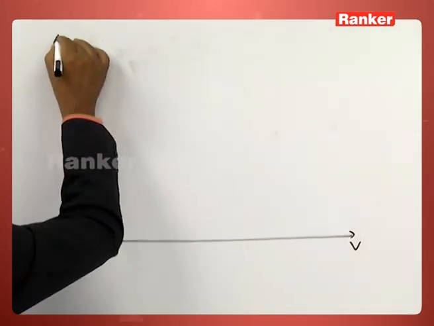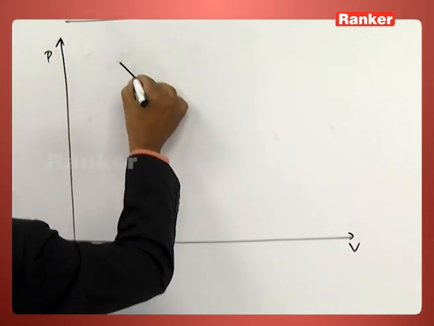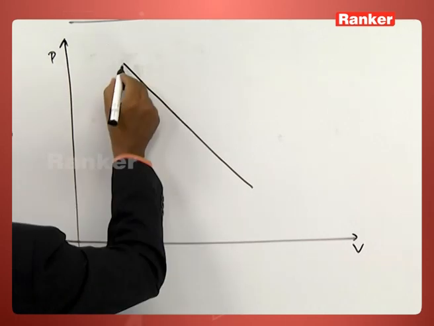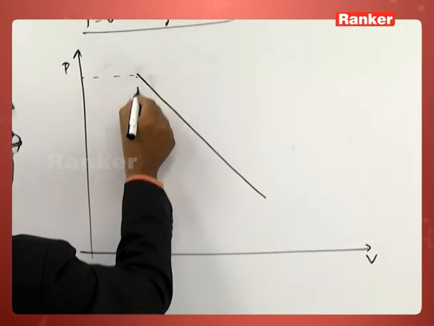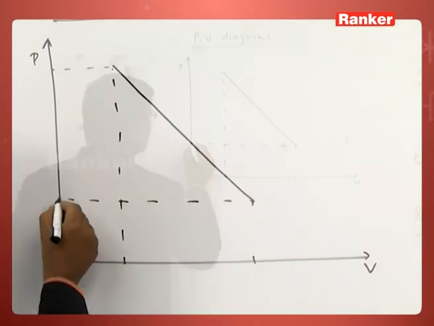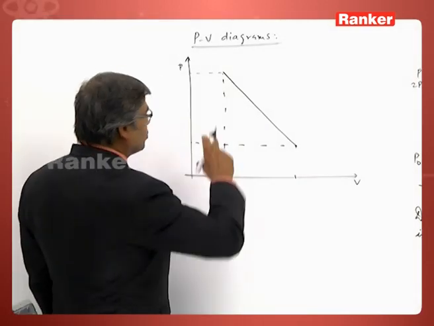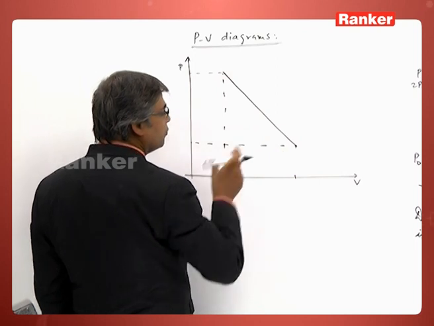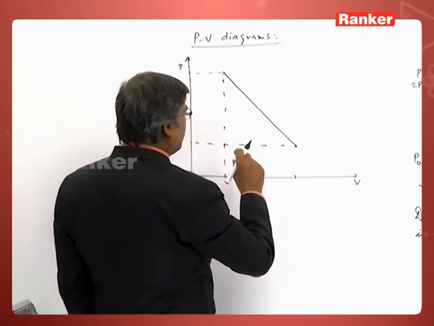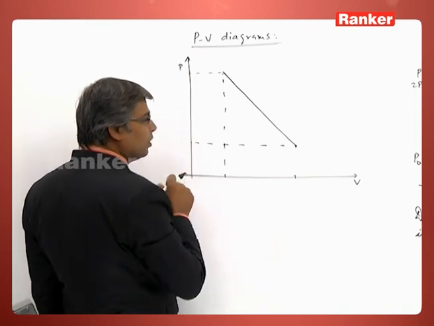This is the PV graph and the slope of this is 45 degrees, as you can see. So this is 2P0, 2V0 suppose. So we have here the slope as P0 by V0.